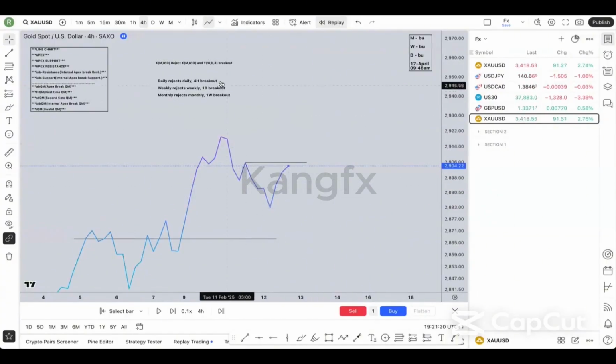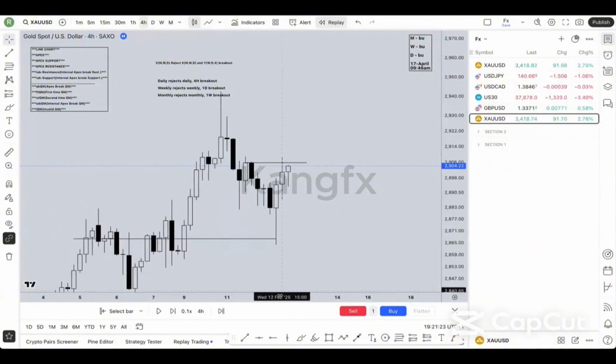So when the market breaks here, that means we are now in the bullish storyline. Now, the breakout occurred. That means we are now in a bullish market. What you should be looking for is buying. Now, we are not going to look at how we can buy. We are focusing on storyline.